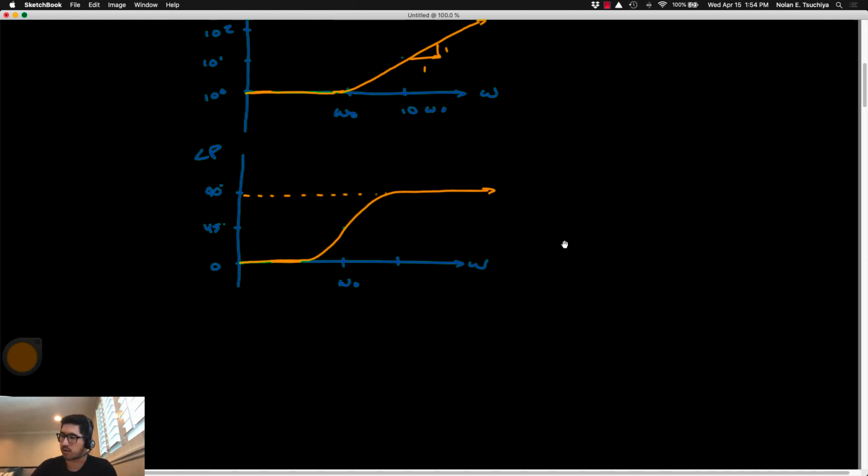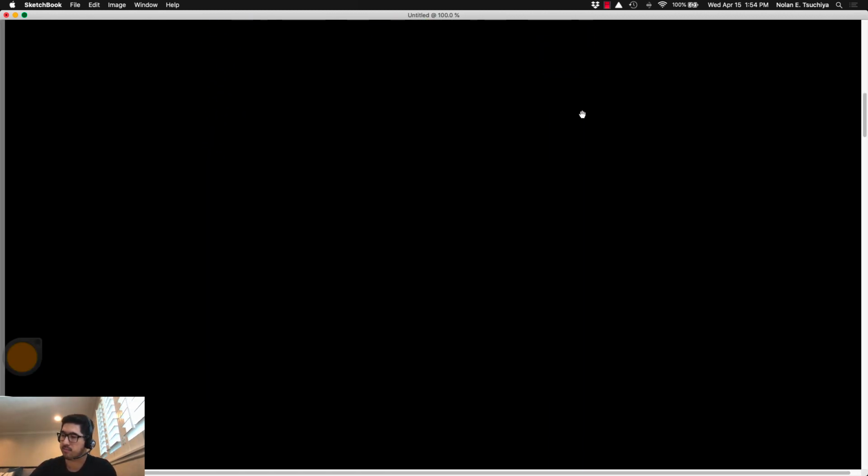Okay, so if we move on to second order systems, things get a little bit more involved here. It's not quite as simple as just moving that cutoff frequency, but we can see what second order transfer function Bode plots will look like.